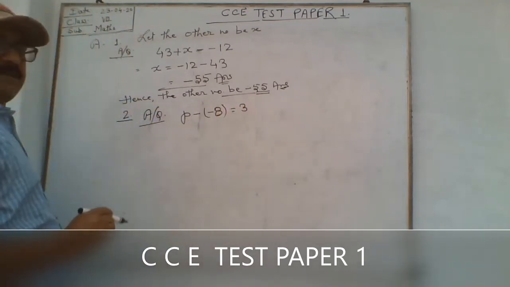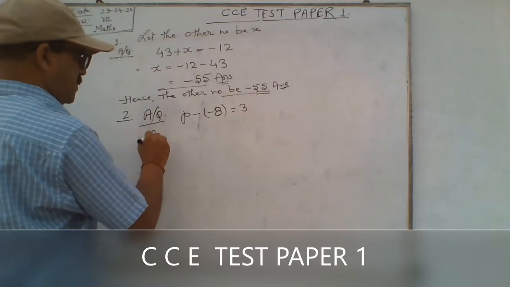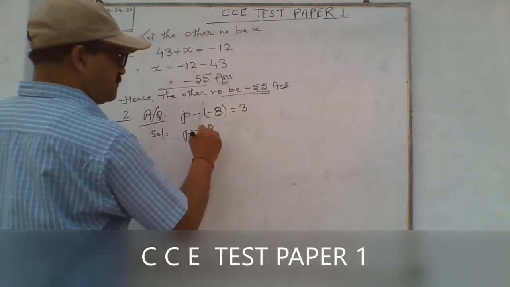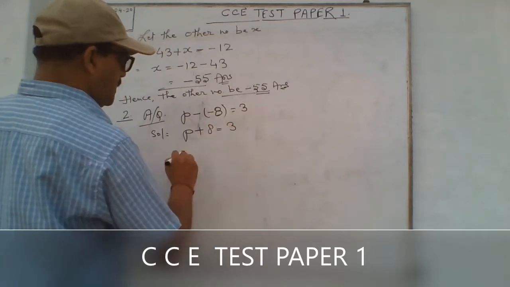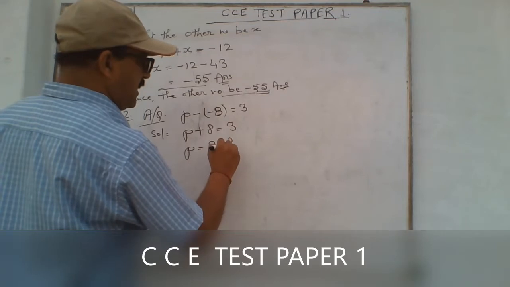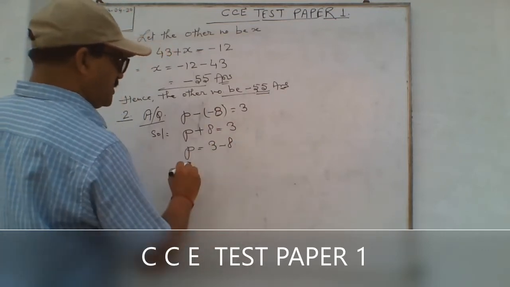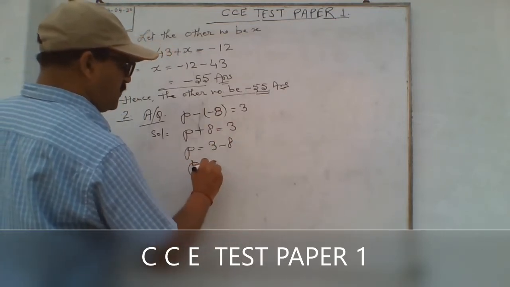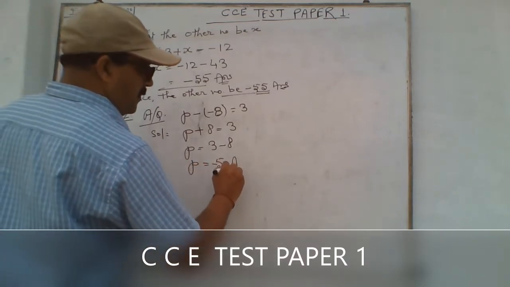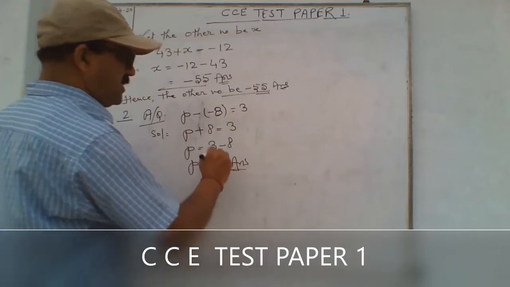Solution: p minus minus 8, that is p plus 8, is equal to 3. So p is equal to 3 minus 8. 8 will be transposed there. So the value of p is minus 5. And this is the answer.